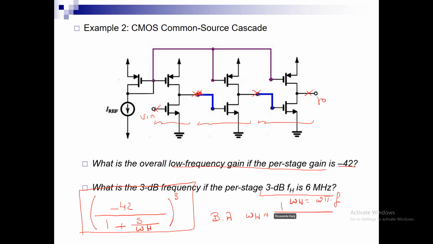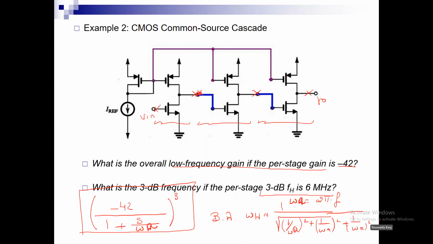So I will have 1 over the square root of 1 over omega A squared plus 1 over omega A squared plus 1 over omega A squared.